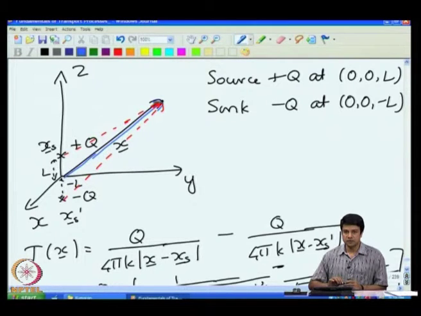Both of them go as 1 over r and they do not depend upon theta. So, that is the slowest decaying term in the limit as r goes to infinity, it goes as 1 over r.